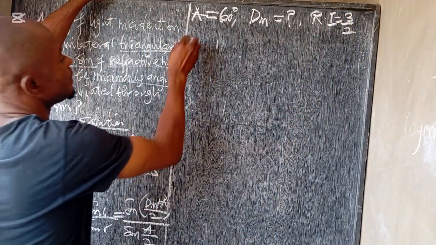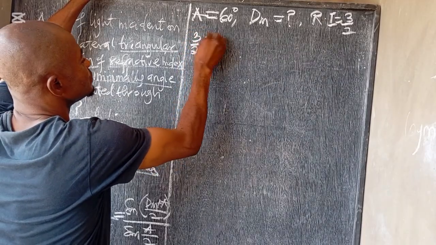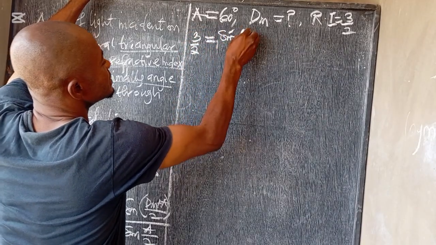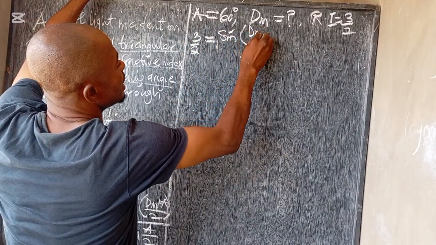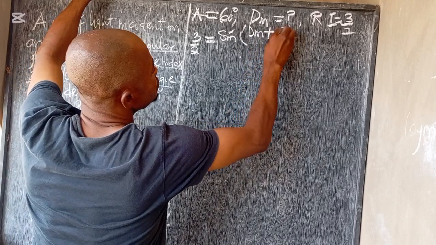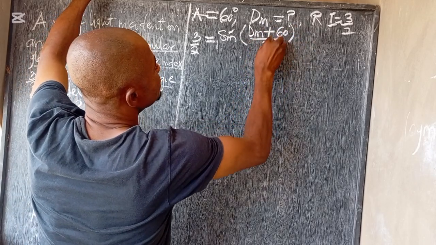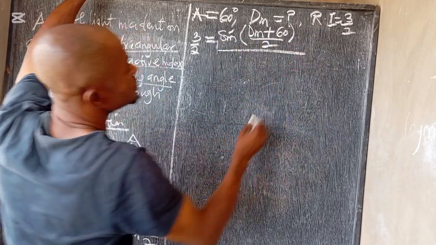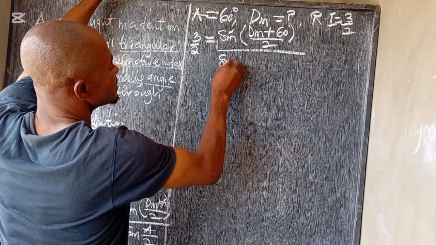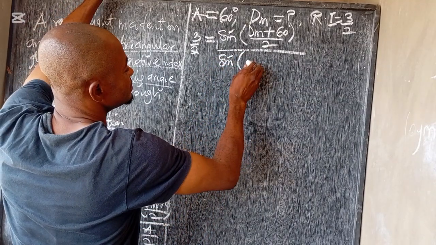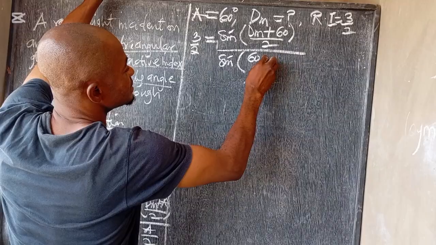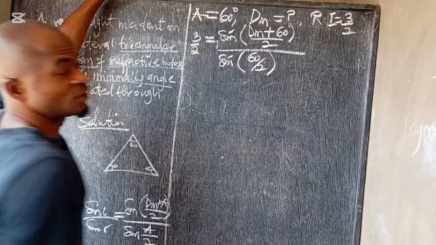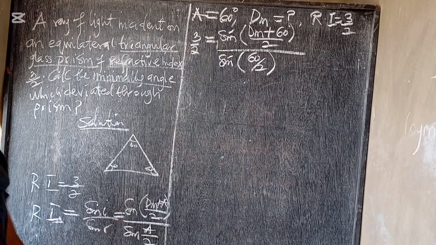So 3/2 is equal to sine of (Dm plus A, which is 60 degrees) divided by 2, everything all over sine A, that is sine of 60 degrees all over 2.